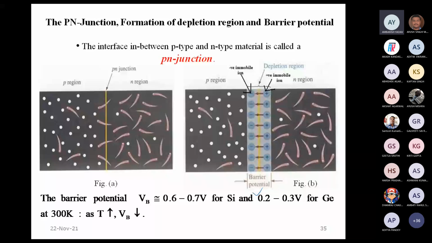The barrier potential for silicon is in the range of 0.6 to 0.7 volt, whereas for germanium it is in the range of 0.2 to 0.3 volt. And as temperature increases, this potential barrier tends to decrease.